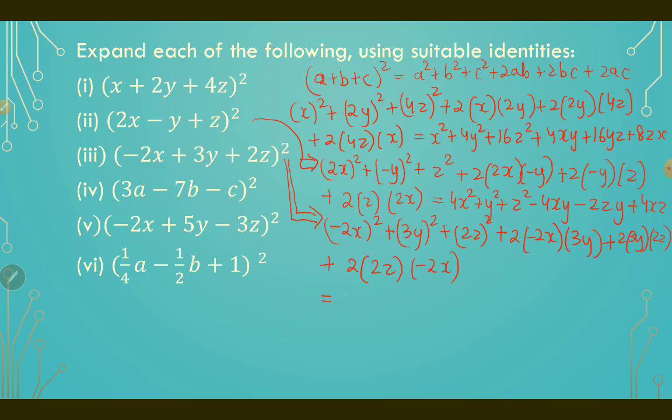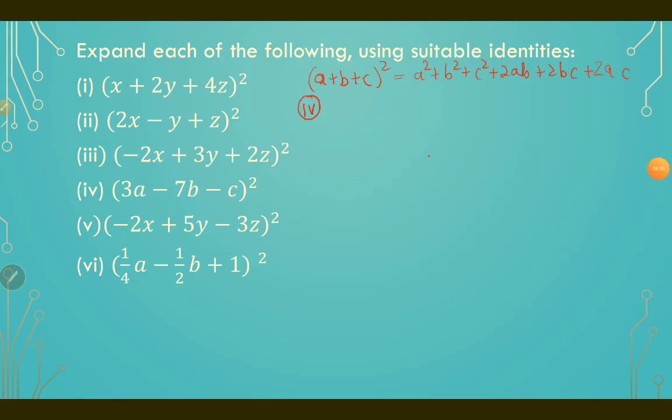That's nothing but 4x square plus 9y square plus 4z square minus 12xy plus 12yz minus 8zx.